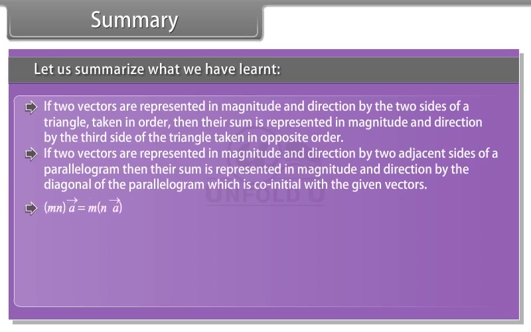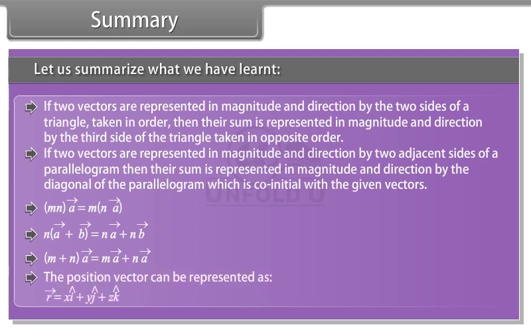mn times vector A equals m into (n vector A). n into (vector A plus vector B) equals n vector A plus n vector B. (m plus n) into vector A equals m into vector A plus n into vector A. The position vector can be represented as vector R equals x cap i plus y cap j plus z cap k.